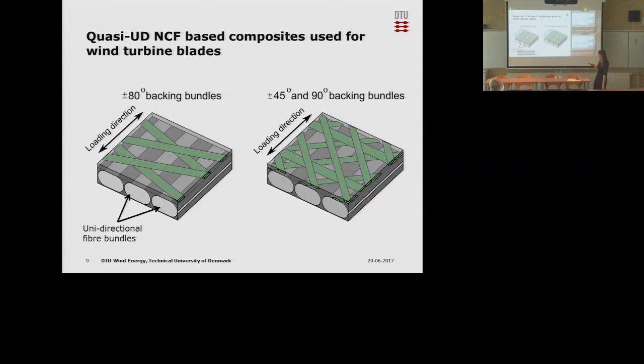And these are two examples, one with plus minus 80 degree, which is the one I have here, and another one, which is an example of 45, plus minus 45 and 90, which is this one I have here. So, yeah, these are the off-axis fiber bundles I mentioned.